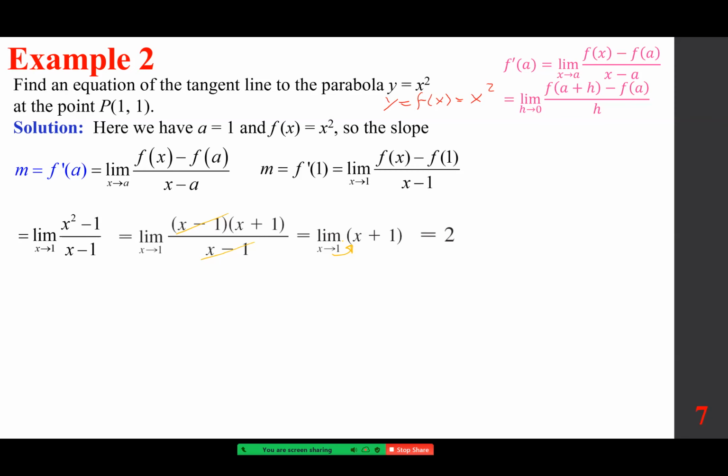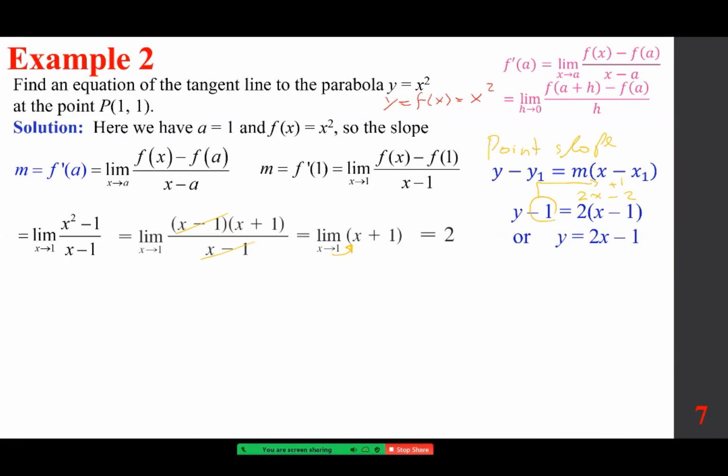Y minus y1 equals m times x minus x1. Again, I remind you, this is the point slope form, everybody. So y minus 1 equals 2 times x minus 1. And if you distribute, you get 2x minus 2.